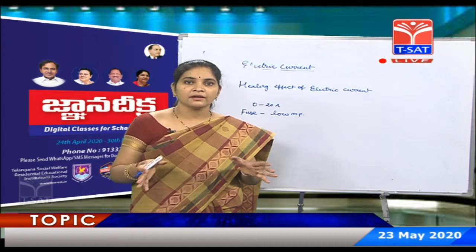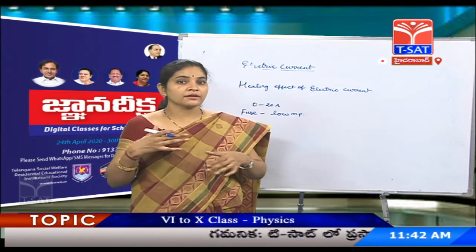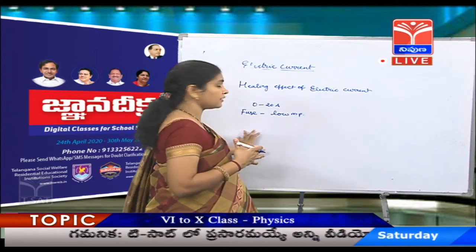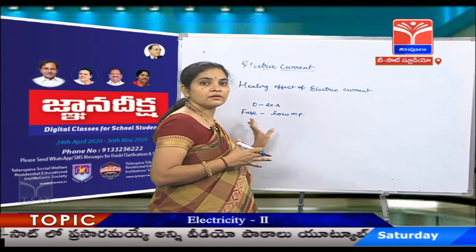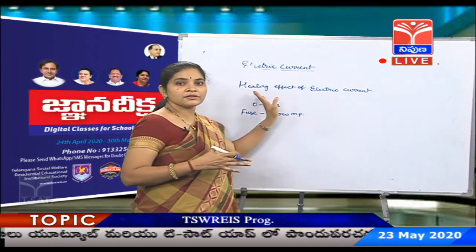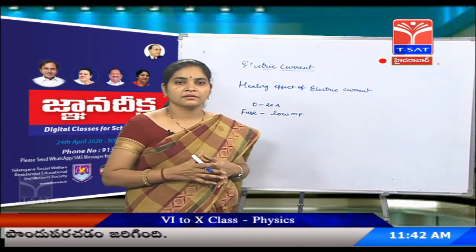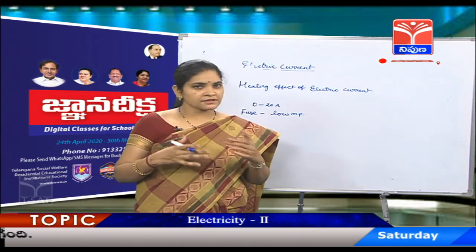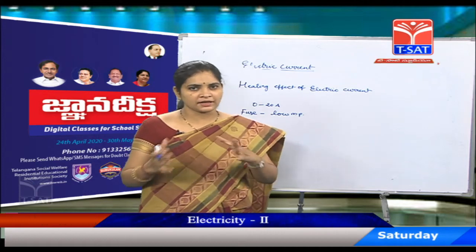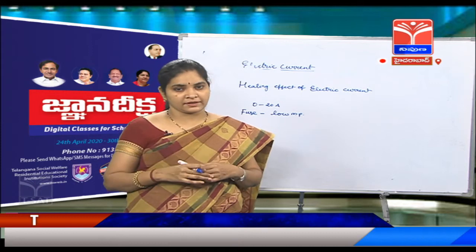In this way, we can protect the household appliances during overloading by using a safety device called electric fuse. So, this also works based on the heating effect of electric current. Now, children, this is about the heating effect of electric current. Let us discuss another effect.